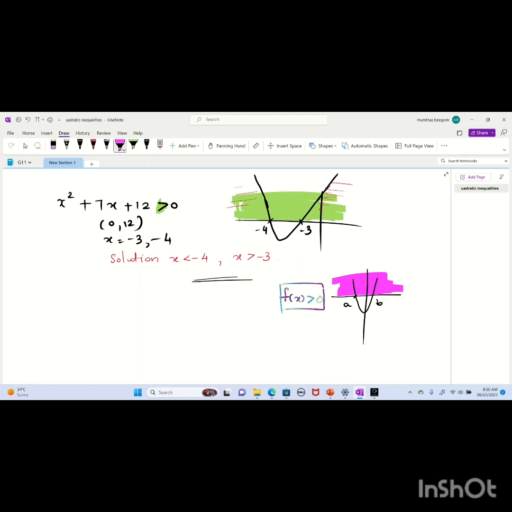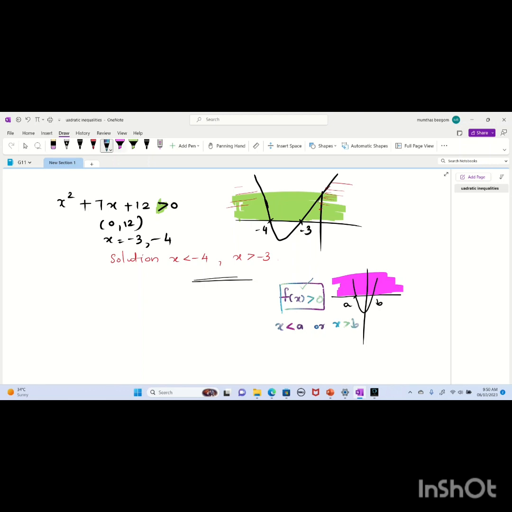So the solution, you can remember, will be x less than A or x greater than B. Okay, these two parts. So in general, if a function greater than 0 is given and the curve is U shape, then the solution from the upper part will be x less than A or x greater than B.